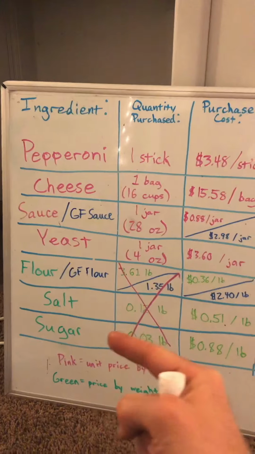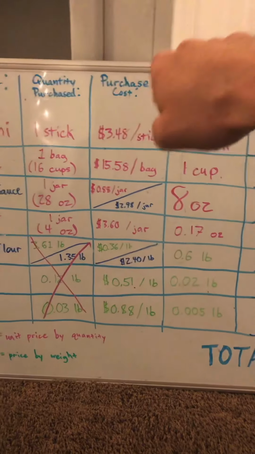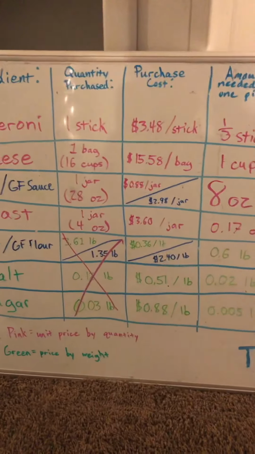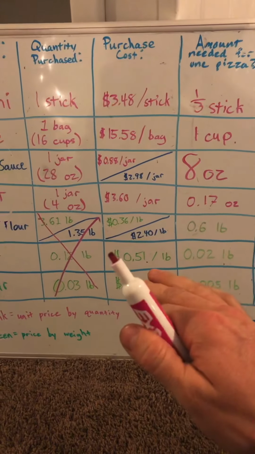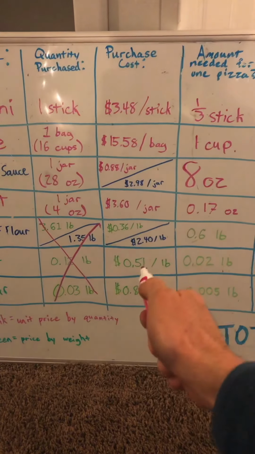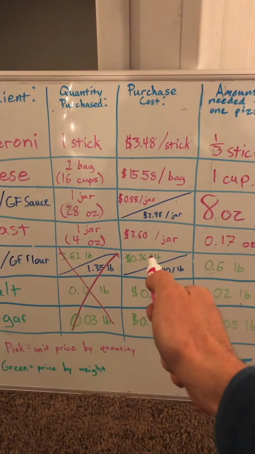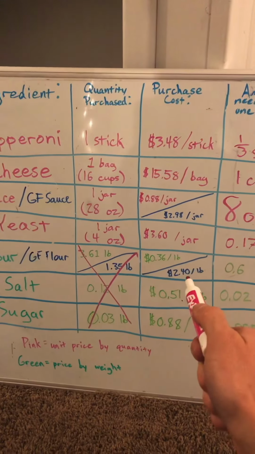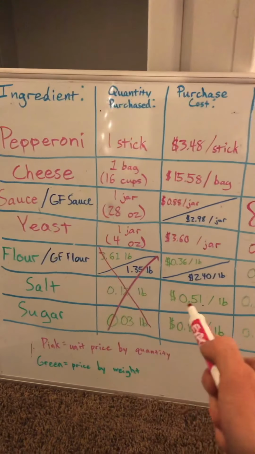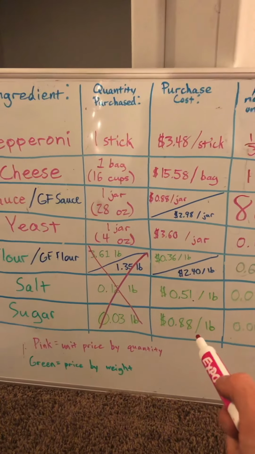But flour and salt and sugar, there's just a big bin that I can take a big scoop from and pour in a bag and then tie that bag up. And when I go to the register, they weigh it and tell me how much I owe based on how much it weighed. So flour cost 36 cents per pound. The gluten-free flour, however, cost $2.40 per pound. Salt cost 51 cents per pound, and sugar cost 88 cents per pound.